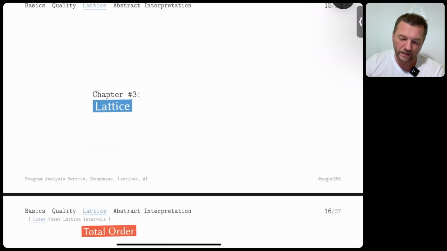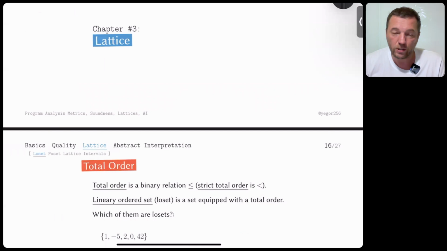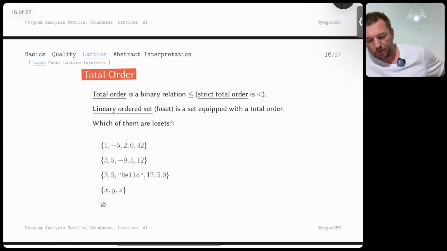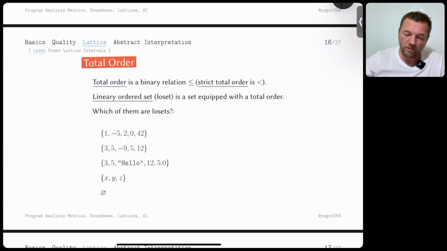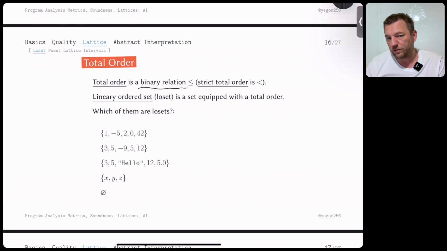Before we go to the lattice, we need to understand what a total order is. The total order is a binary relation on a set. Let's say you have a set of numbers, and on this set there is a binary relation defined. It means that between every two numbers, there is a relation defined by, let's say, this symbol.